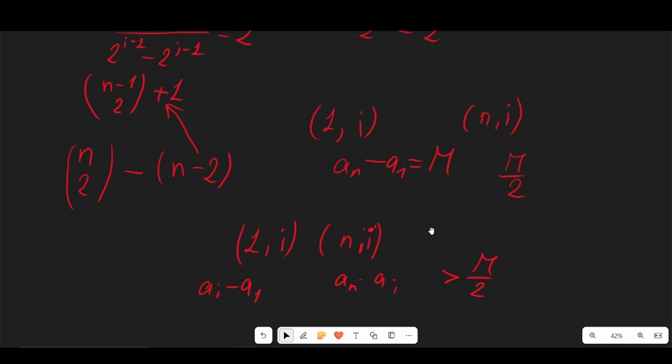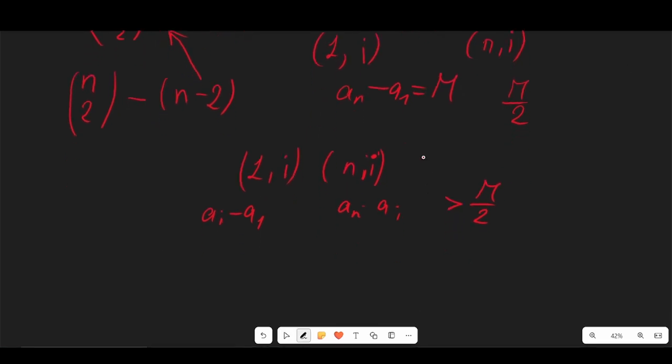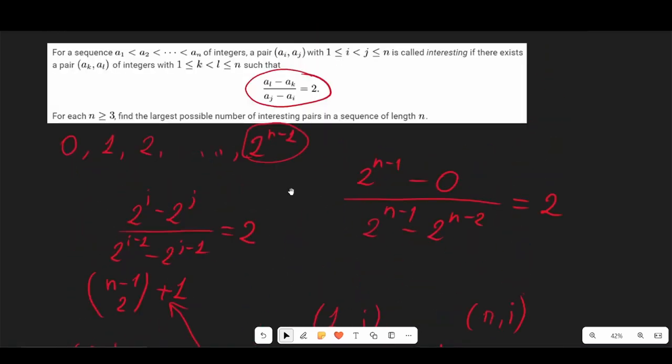So we can say that at least n minus 2 indexes would be uninteresting, because there can be equality only once. This means that we have to subtract at least n minus 2 bad pairs out of n choose 2, and this would give n minus 1 choose 2 plus 1, and the construction was what I have done in the first step. So if you have any questions, write in the comments.